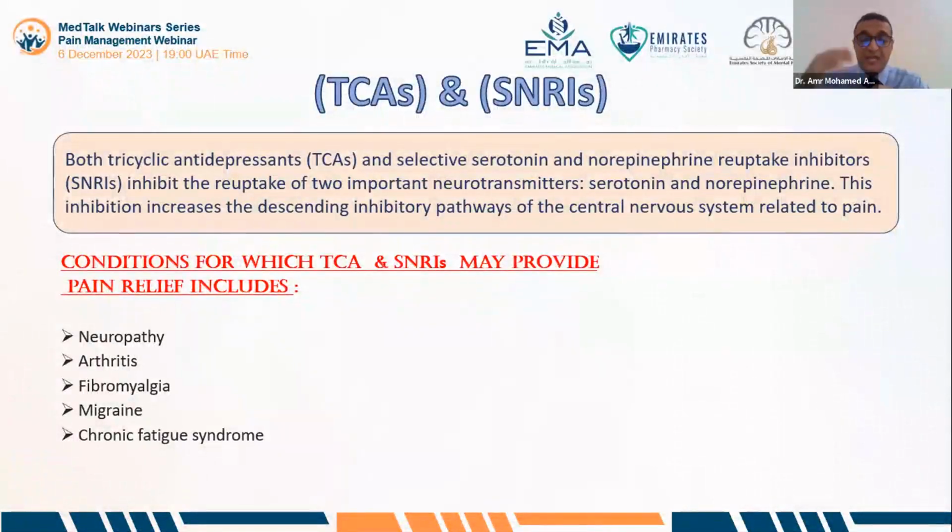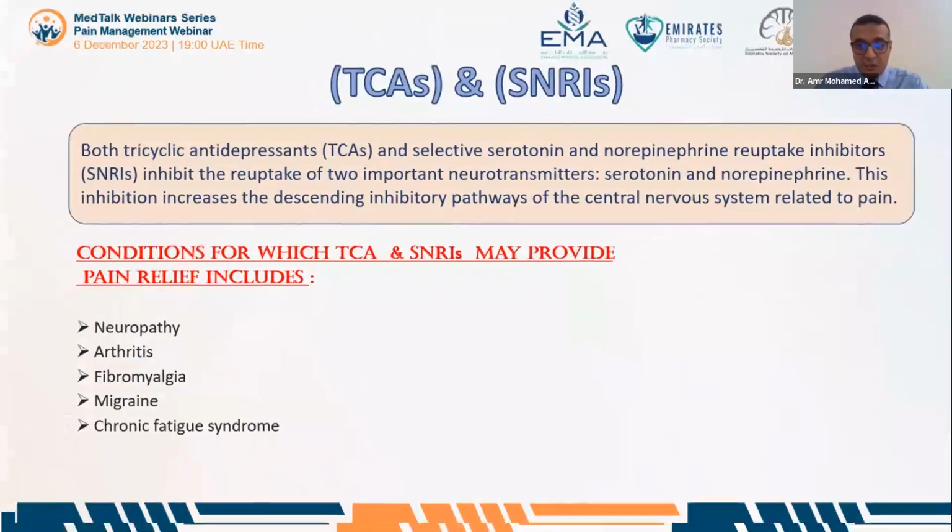This inhibition increases the descending inhibitory pathway of the central nervous system related to pain. So these 2 classes may provide pain relief in conditions such as neuropathy, arthritis, fibromyalgia, migraine, and chronic fatigue syndrome.